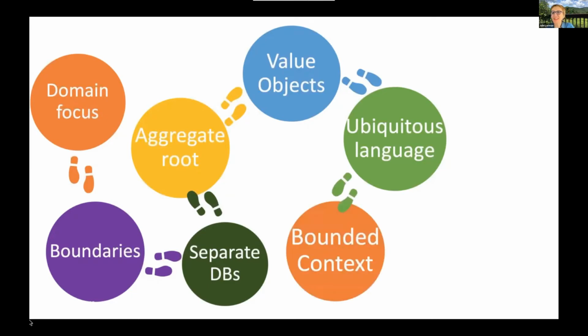So this journey, this path was what finally, once I understood ubiquitous language, which I didn't really understand until I got the value objects down and the aggregate root down and boundaries and domain focus, then I was finally able to put all those ideas together, and I finally understood the bounded context. I finally got it. The most important concept in domain-driven design, I did not even understand it up front.